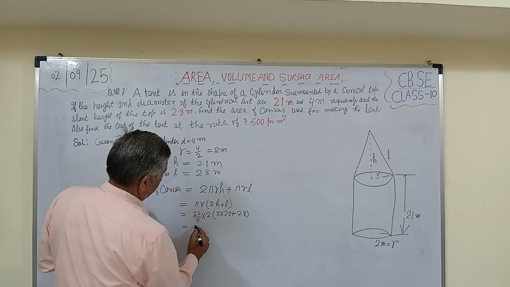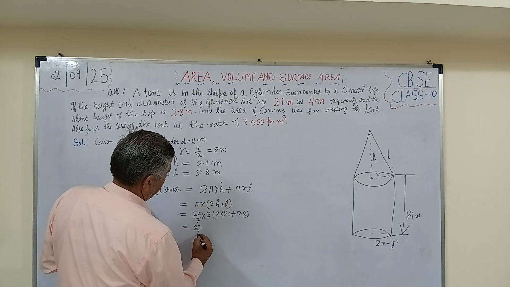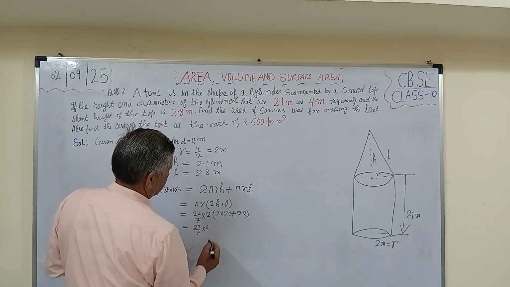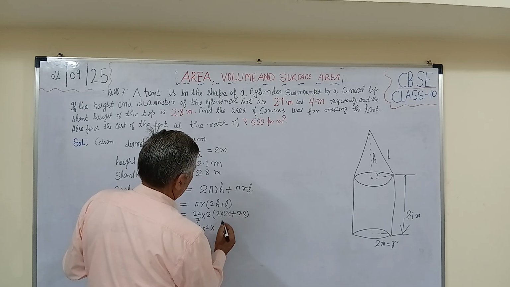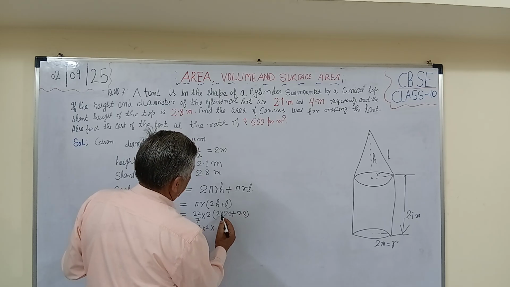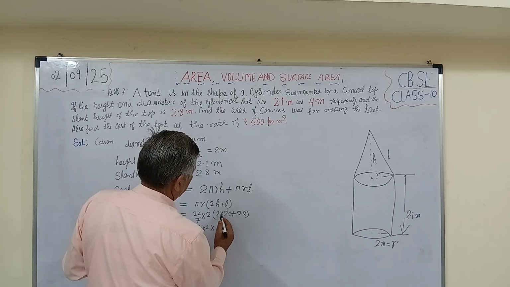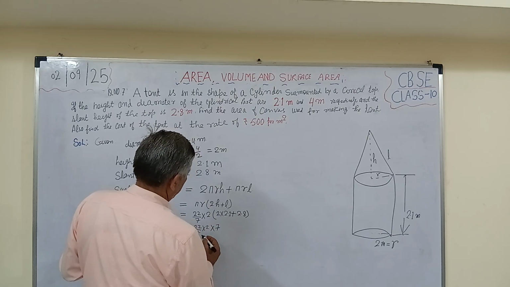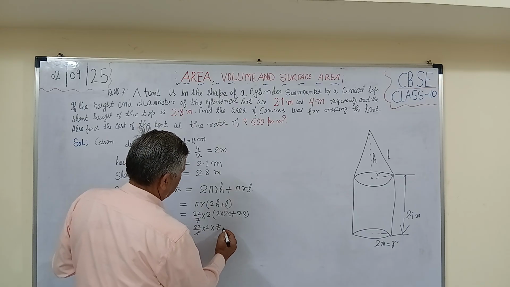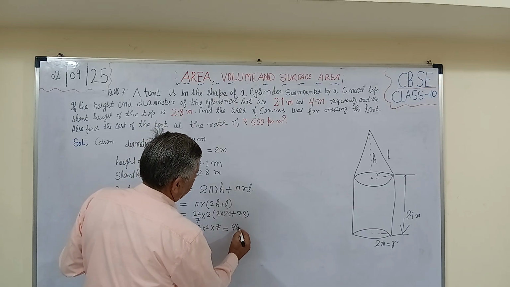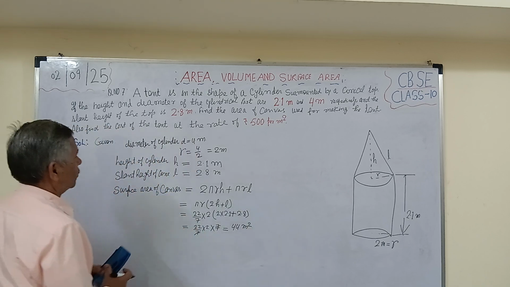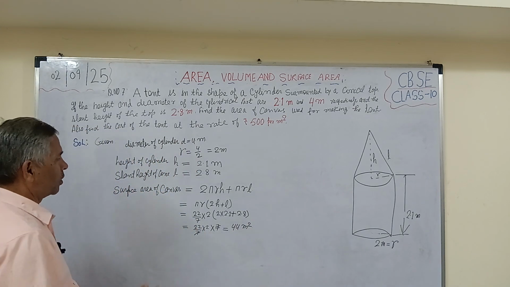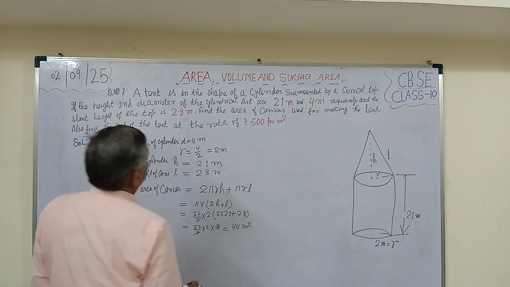So we will get 22 by 7 into 2 into, once we add it, so we will get 7. So 7 cancels 7, so we are getting 44 meter square. So the surface area of canvas is 44 meter square.